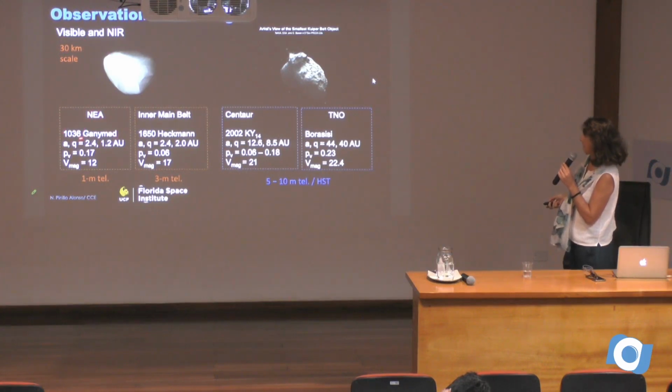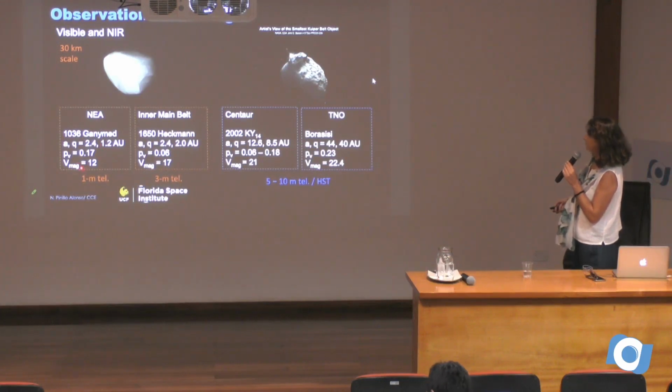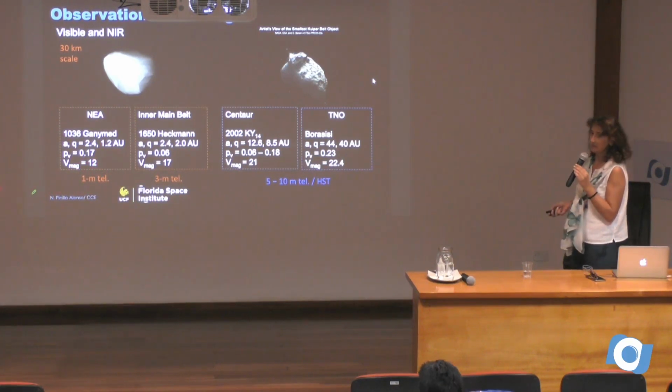asteroid, like Ganymede, with this semi-major axis and perihelion, around 2.4 and 1.2, then an albedo of 17%, that is typical for these objects. It would have a visual magnitude of 12, and you could study it pretty well with a 1 meter telescope.